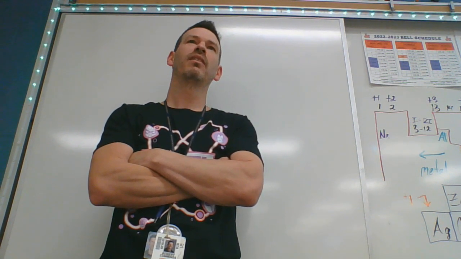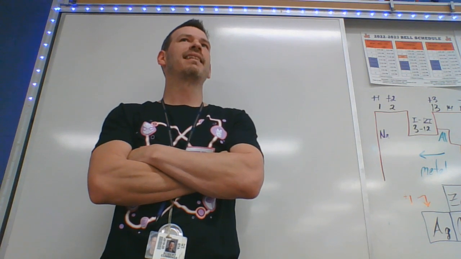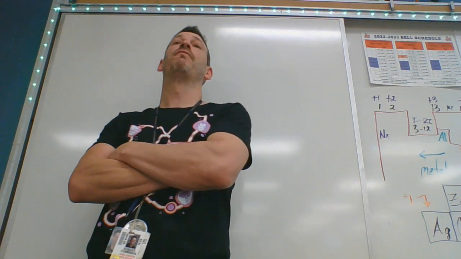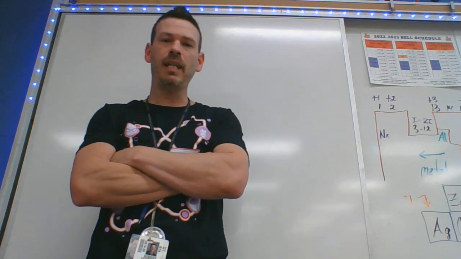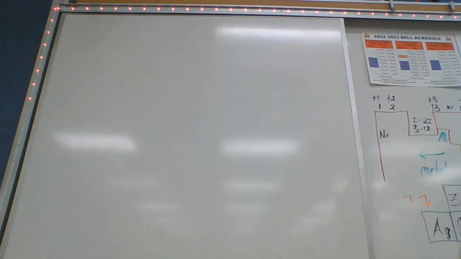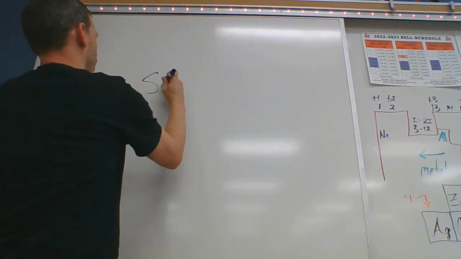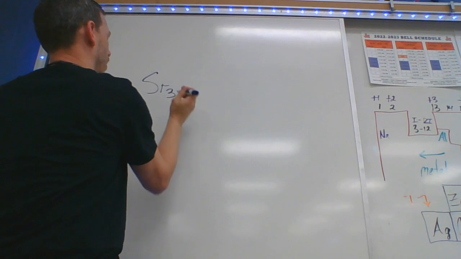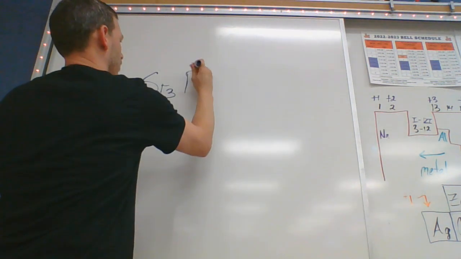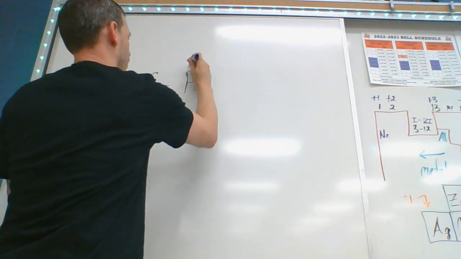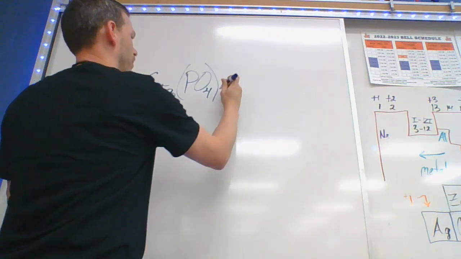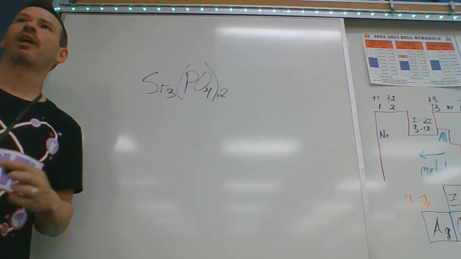Quit touching people. All right, let's see if we can get some help on just the first one. Strontium phosphate. Let's head over to cluster 4, seat 1. Hey, 4-1, do you want to just give me the formula you came up with? Do y'all agree or disagree?